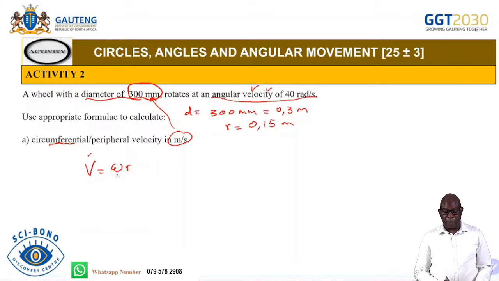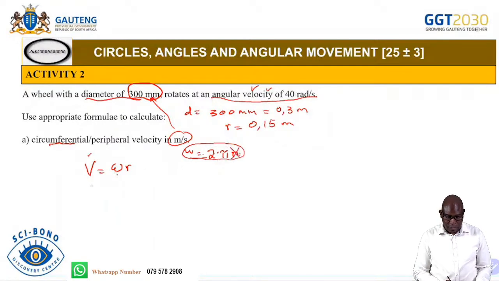If I don't know that formula, I know that my omega is 2 pi n. So now I can work out that one first. But do I have the number of revolutions? No, I don't have the number of revolutions. So the formula that I can use is this one.